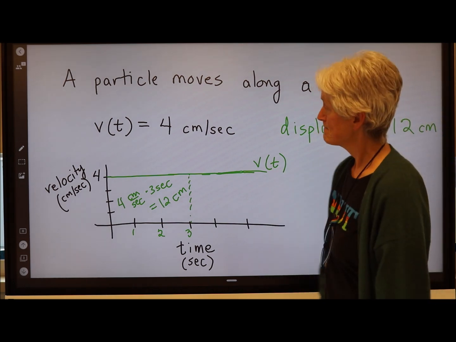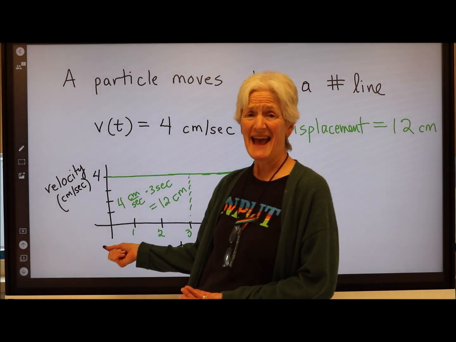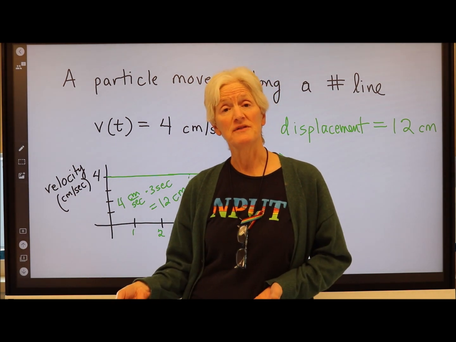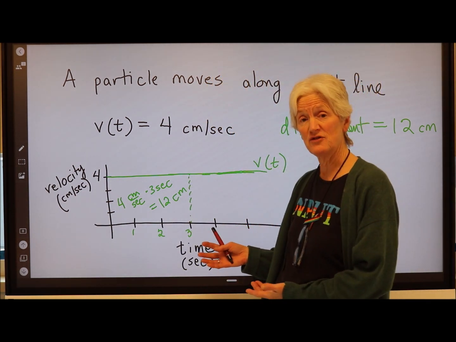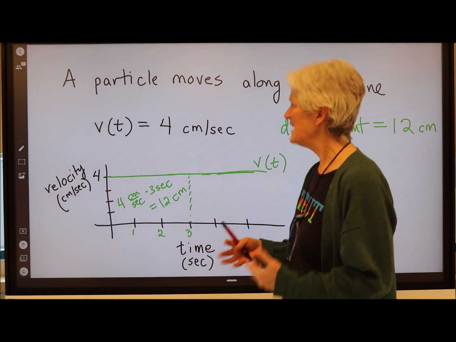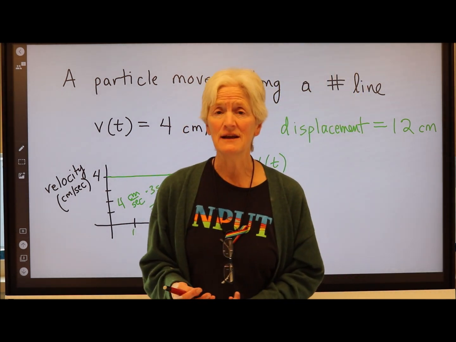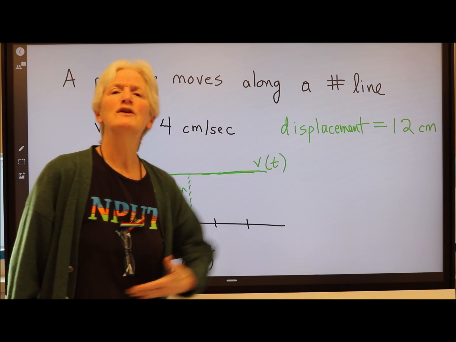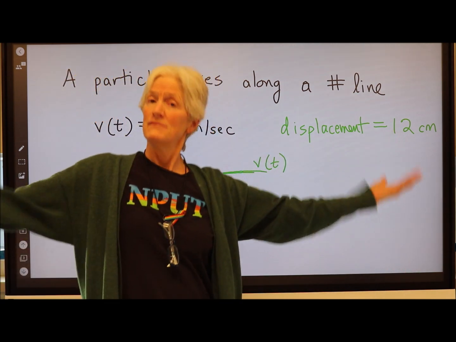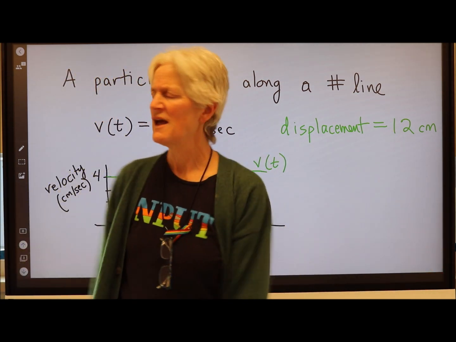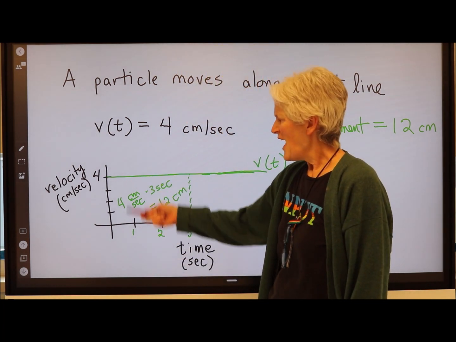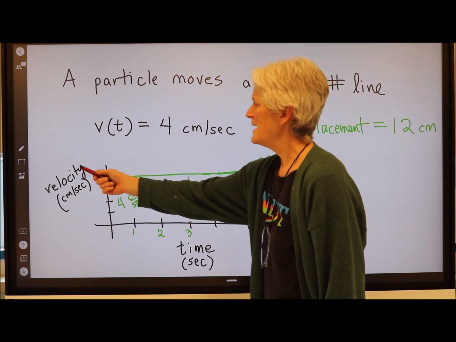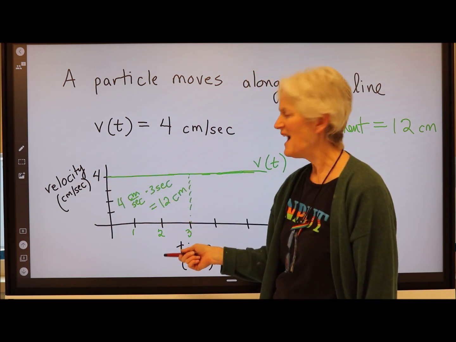Now, I don't know where I began because I didn't give you my starting position. I don't know where I ended. All I know is velocity. But I do know that wherever I started, I ended up 12 units to the right. That's my displacement. Are you seeing what I'm seeing? I multiplied my rate times my time.